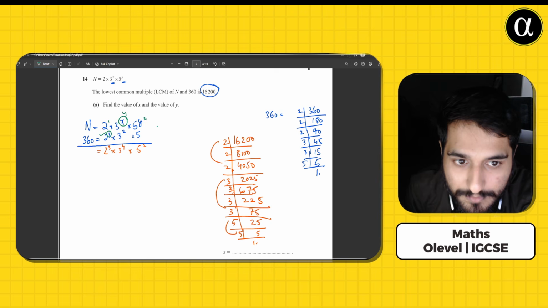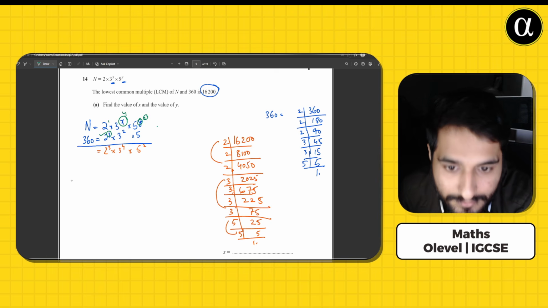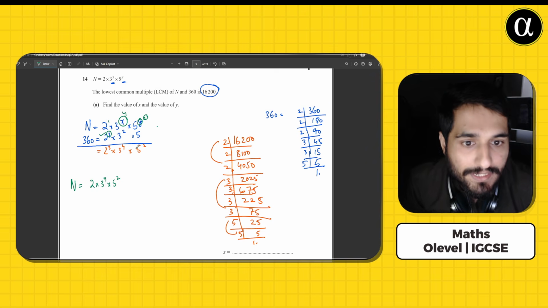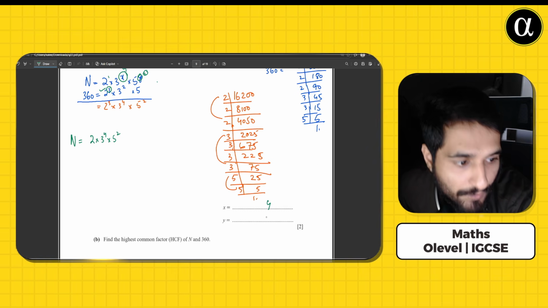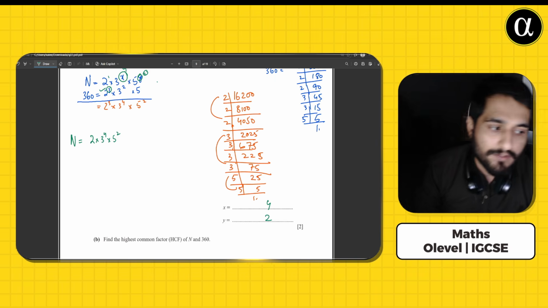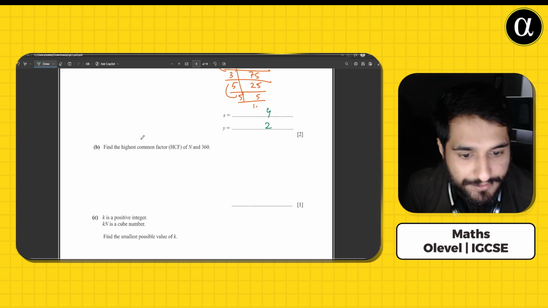So n is going to be 2 into 3 power 4 into 5 square, where x, the power on 3, is 4, and y, the power on 5, is 2. There could be other ways of solving this as well, but I find this to be the easiest.